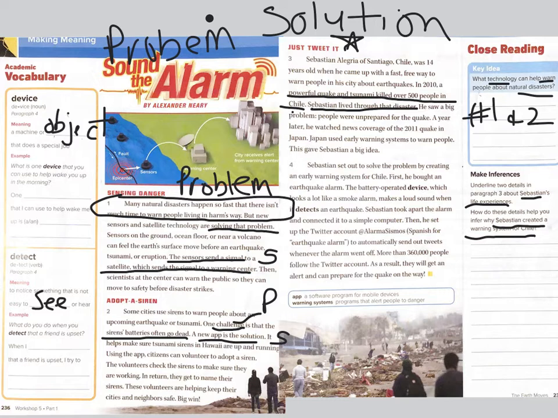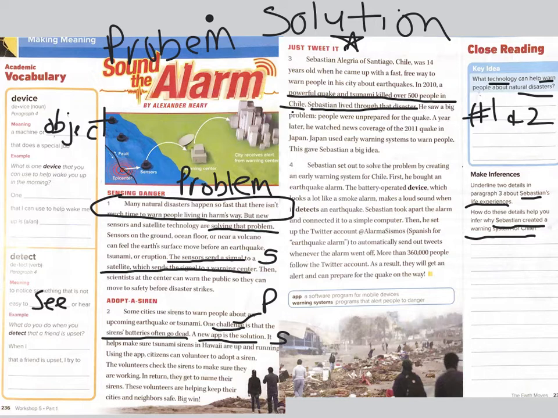So Sebastian set out to solve the problem by creating an early warning system for Chile. First, he bought an earthquake alarm. The battery-operated device, which looks like a smoke alarm, makes a loud sound when it detects an earthquake. Sebastian took apart the alarm and connected it to a simple computer.